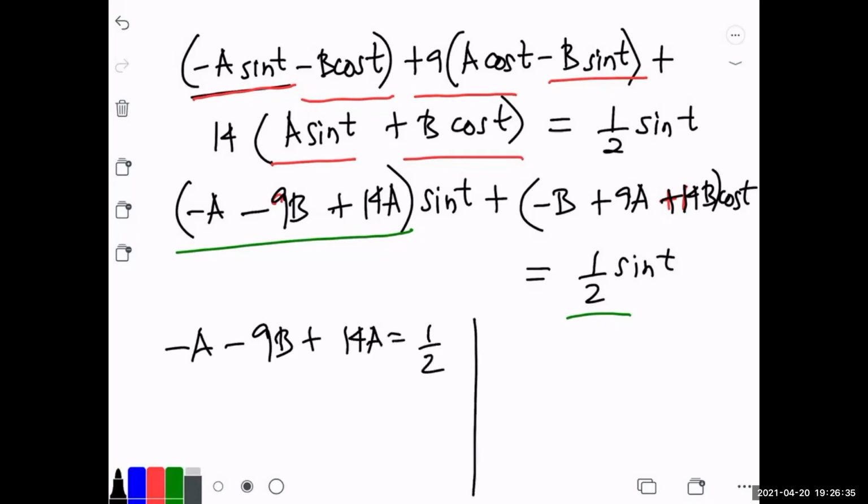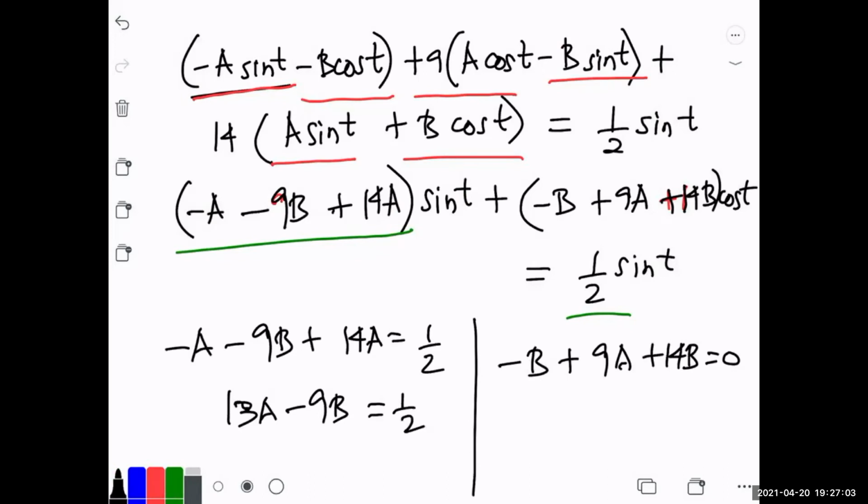So that's the one equation. Since there's no cosine on the right hand side of the equation, this part of cosine would be equal to 0. Negative b plus 9a plus 14b is equal to 0. Okay, let's try to simplify this. So this would be 13a minus 9b equals 1 half. And then this one would also be 13b plus 9a equals 0.